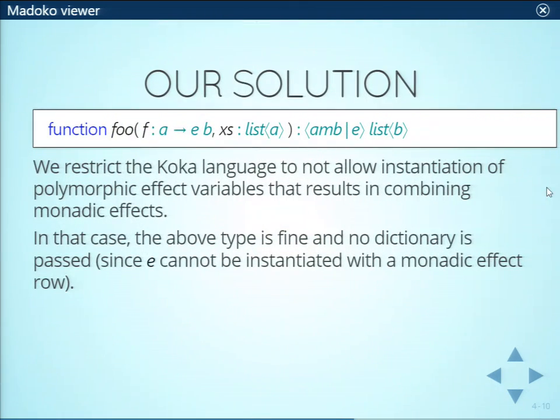So we'll just say, you can actually write these functions, but when you try to use them in the way I just described, it will be rejected. The compiler checks that you cannot instantiate polymorphic type variables which would lead to a combination of that sort.